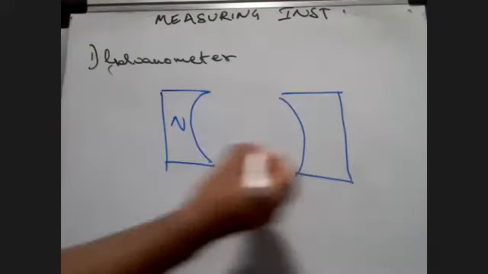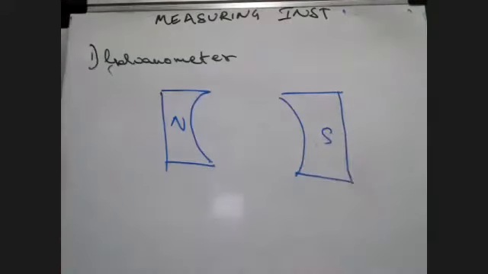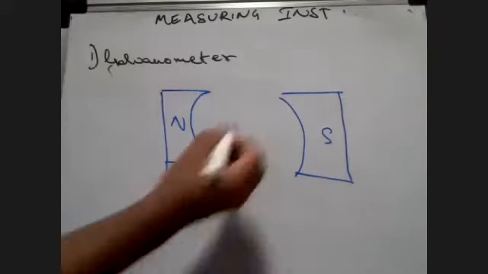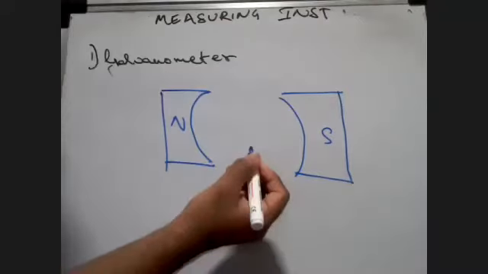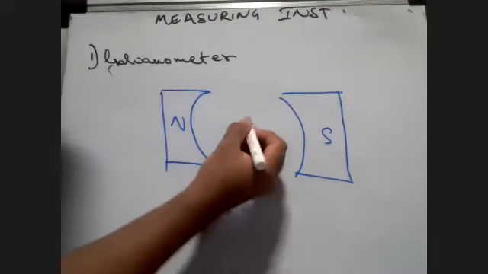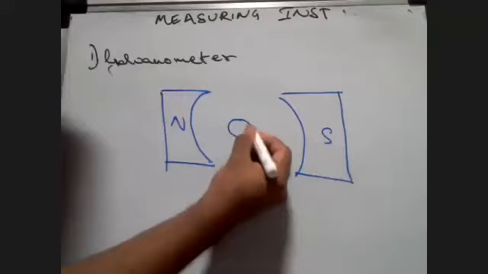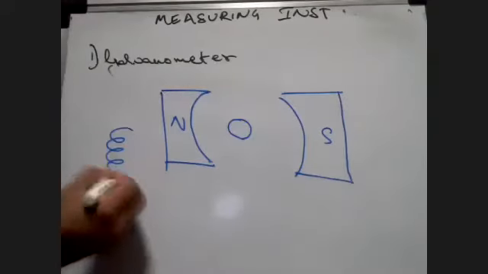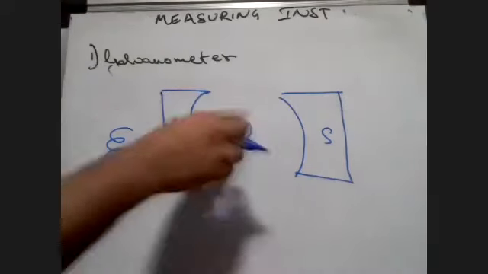Let's consider this one to be north and this one south. Now take a coil, something like this. I'm just showing it in two dimensions here.